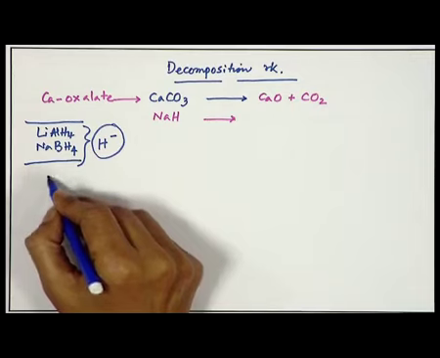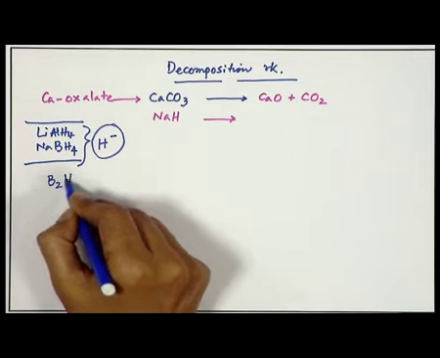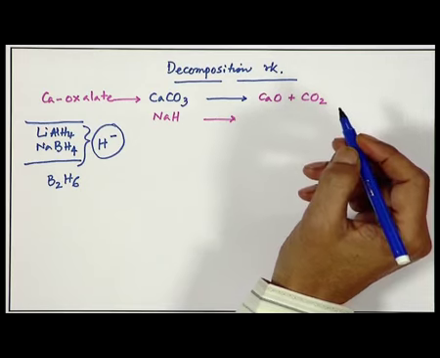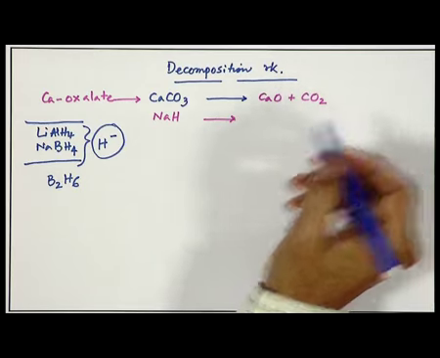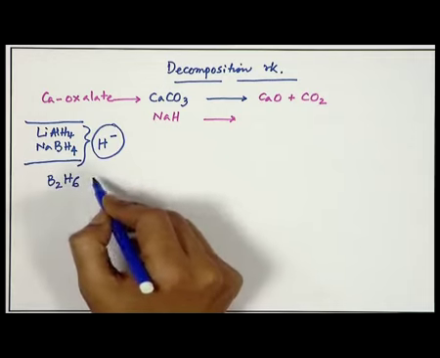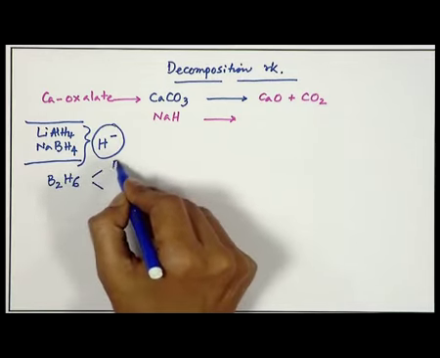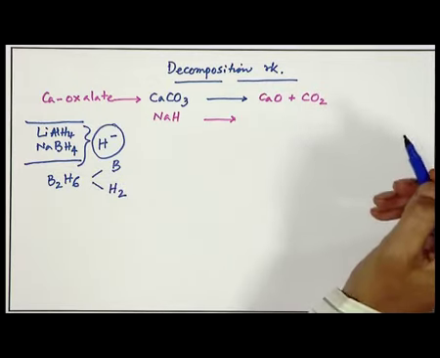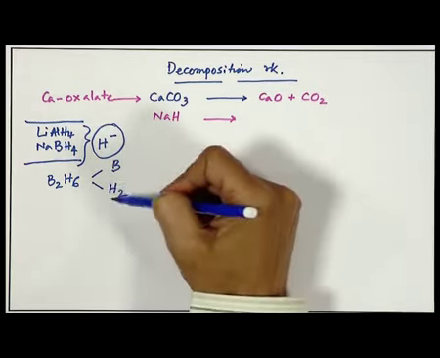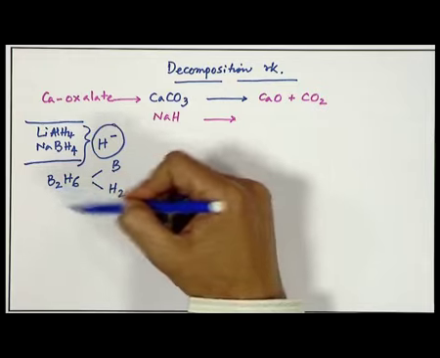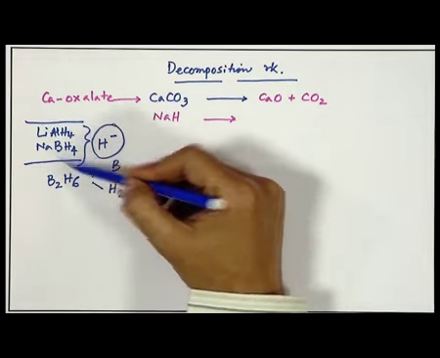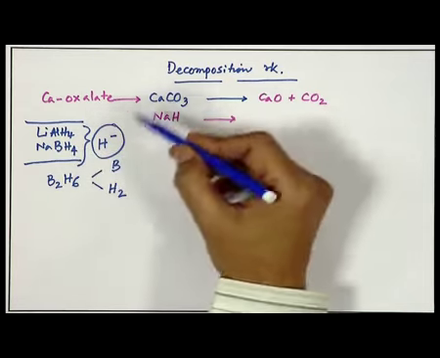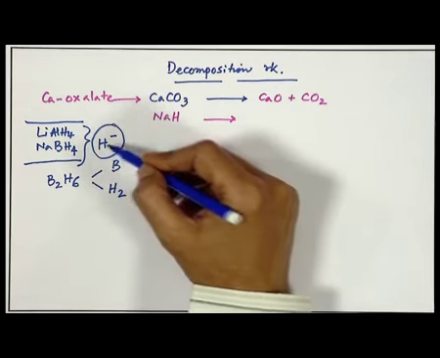Similarly, the thermal stability of some compounds like diborane, B2H6. If that particular one is not thermally stable, it can simply go to elemental boron and hydrogen gas itself. Similarly, this is another boron hydrogen compound, but these are all aluminum hydride and boron hydride compounds which give hydride ion.